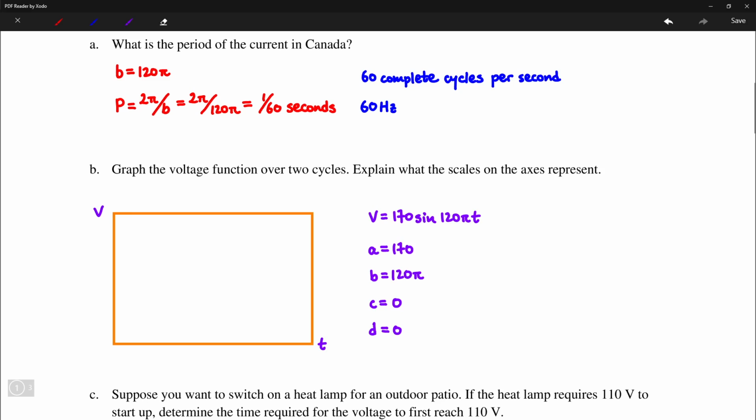Okay, so we also know, because a is 170, that the amplitude for this function is 170. The period we saw earlier was 1 over 60. And again, no phase shift, and no displacement.